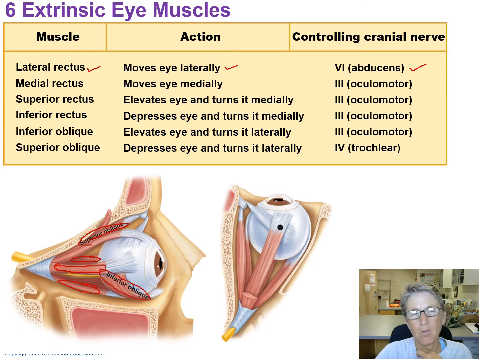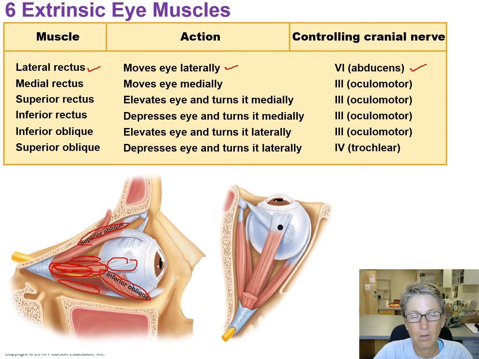And then it tells you, if you think about what happens when the muscle gets shorter, so for example, if we take the lateral rectus, what's going to happen when this muscle gets shorter? So imagine this muscle getting shorter, it's going to pull on this tendon, and then that's going to move your eyeball laterally.